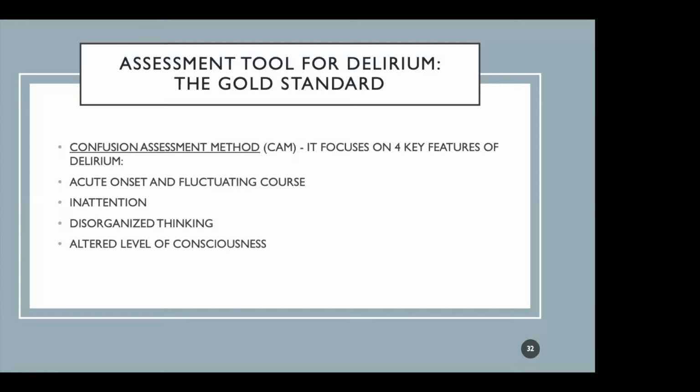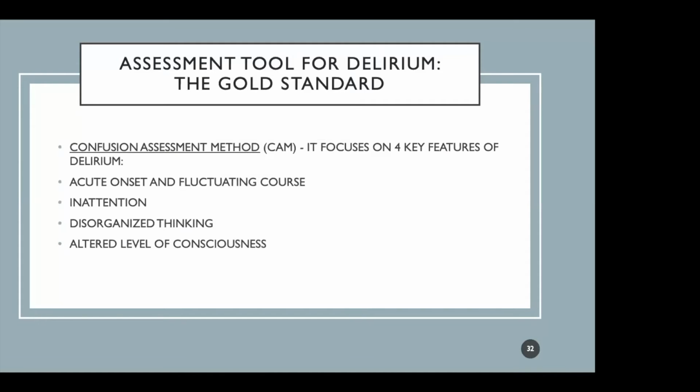Next slide. So this is the gold standard for assessment of delirium. The tool is called CAM, Confusion Assessment Method. It focuses on 4 key features of delirium, which we talked about when I showed you the DSM-5 criteria.